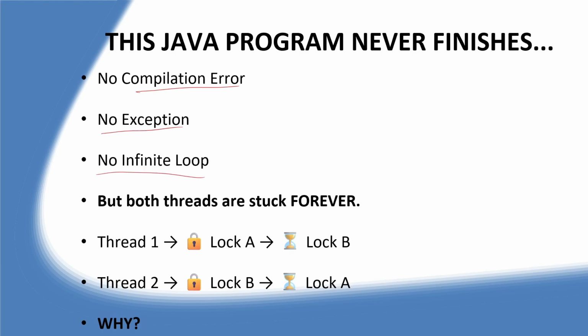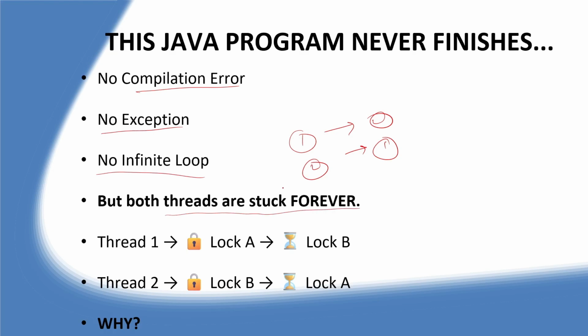Let's say thread 1 is waiting for thread 2 and thread 2 is waiting for thread 1. In such cases, neither of these threads can continue and the program may remain stuck forever. So both threads are stuck forever.